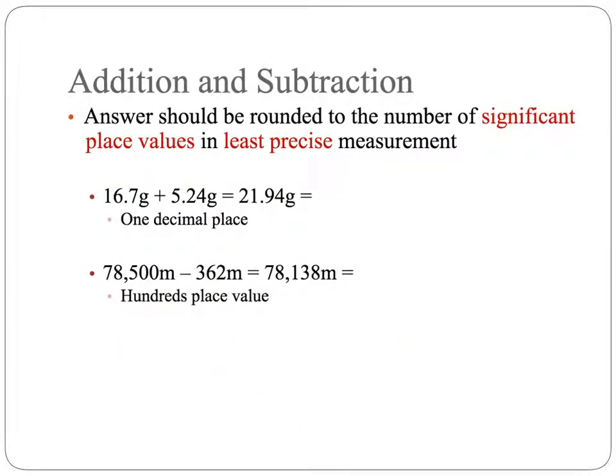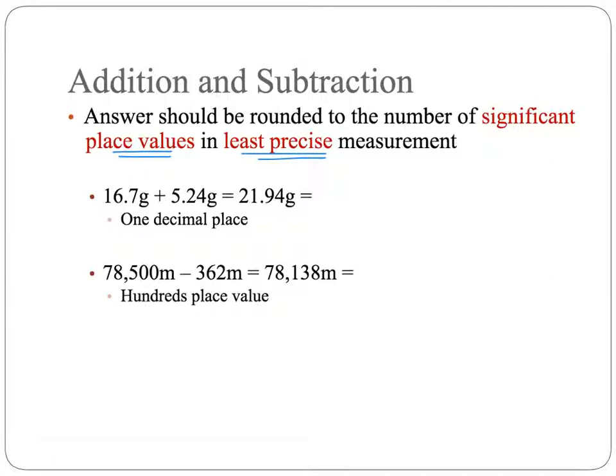When you're working with significant figures, you have the rules that go for addition and subtraction and the rules with multiplication and division. In addition and subtraction, your answer is rounded to the number of significant place values in the least precise measurement. Most of the time this is going to concern decimal points, so you can think of this as being the least number of decimal places.